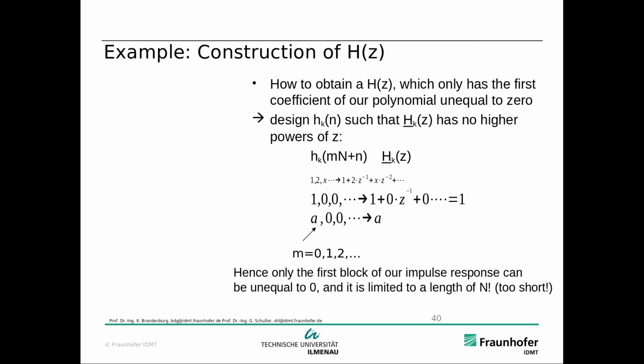So then H_k(z), the polyphase matrix, has no higher powers of z. All that's left is the corresponding entry of the polyphase of the impulse response in the first block, no polynomial, and that means it turns our polyphase matrix into a normal matrix.